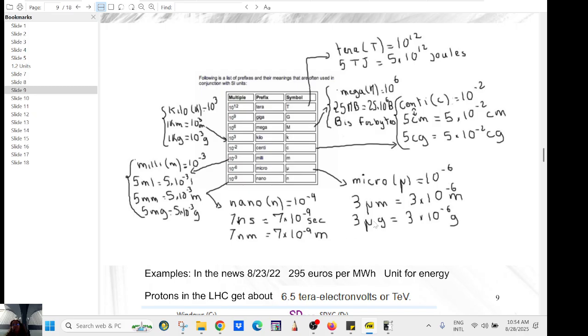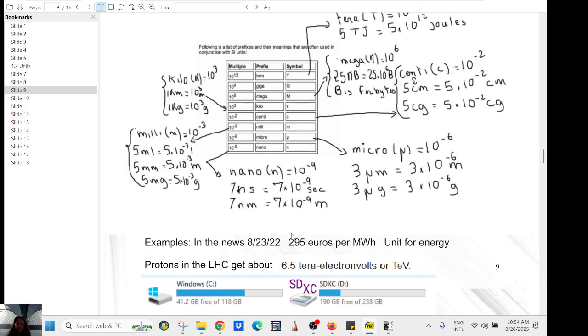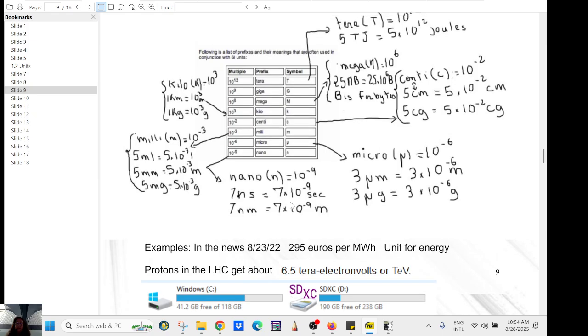Micro, 10 to the negative 6, right? So for micrometers, you replace micro by 10 to the negative 6. And then in computers, for example, you are familiar with that, mega, 10 to the 6, right? So for example, megawatt hour. Watt hour is a unit of energy because you multiply power by time.